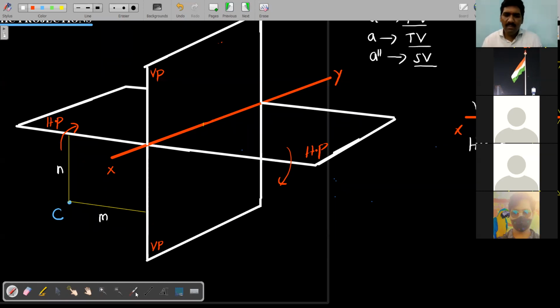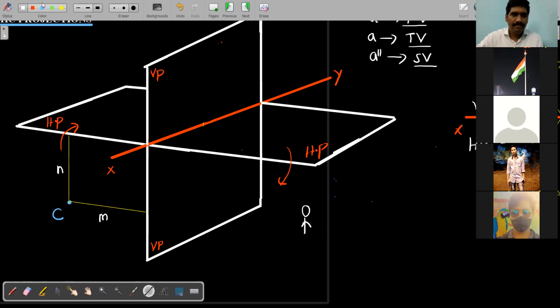This is our body. Therefore we have to stand in front of the body here. This becomes the position of the body like this.